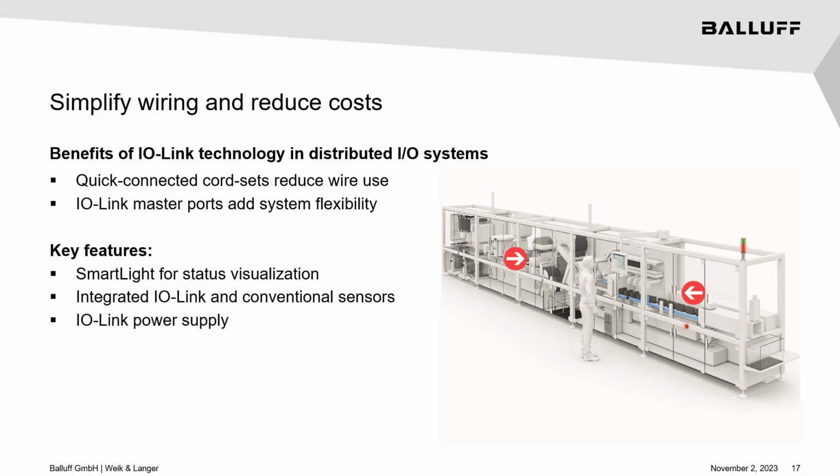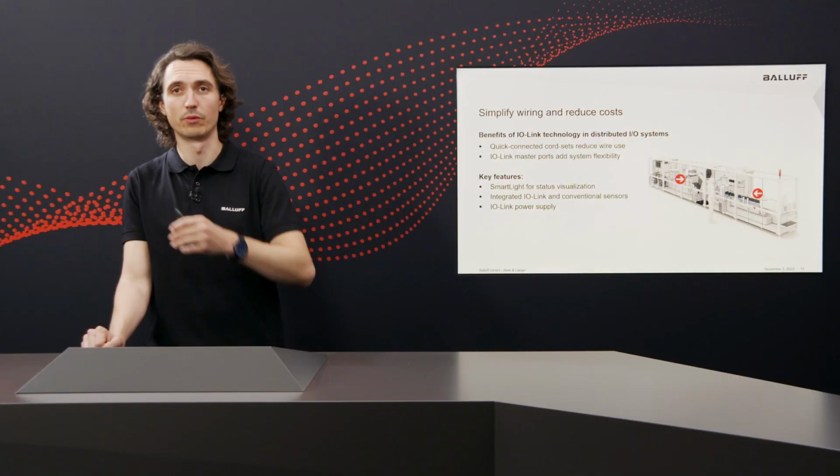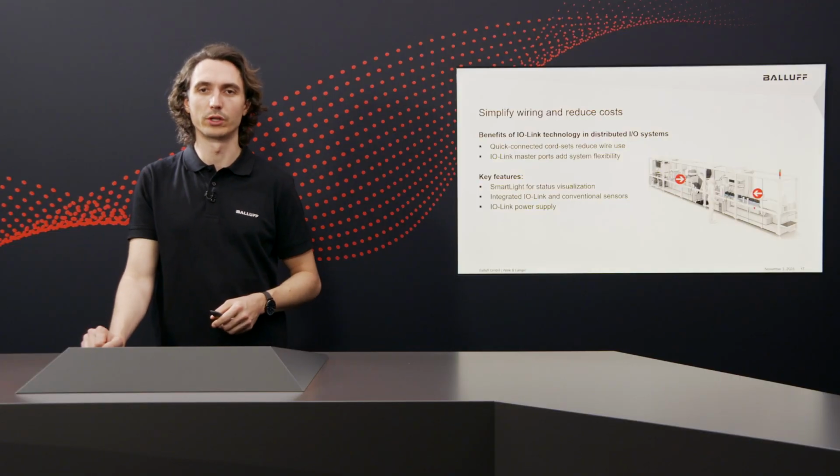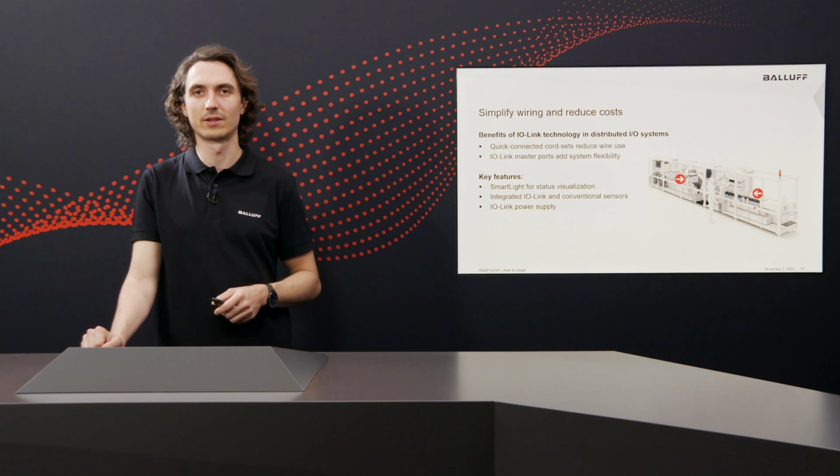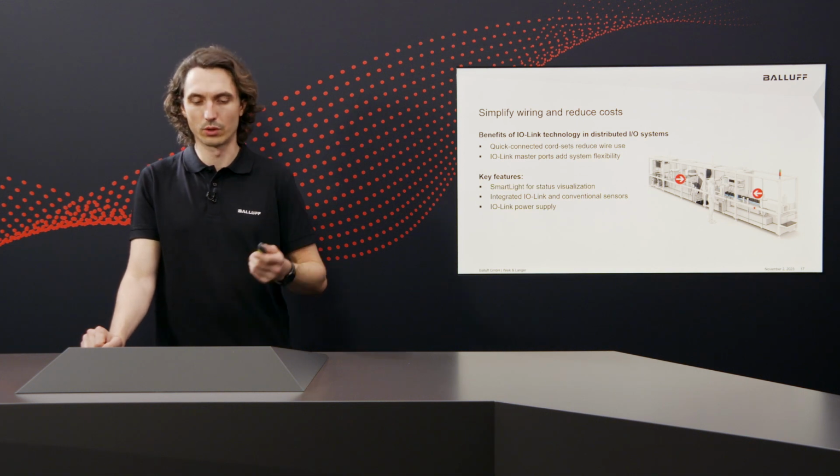In fact, as mentioned a couple of times now, it's about reducing the amount of wiring needed, having much more flexibility in your system, etc. And then on top, of course, you have all the smart functions, no matter if it's smart lights, which I showed before, condition monitoring, predictive maintenance, etc.